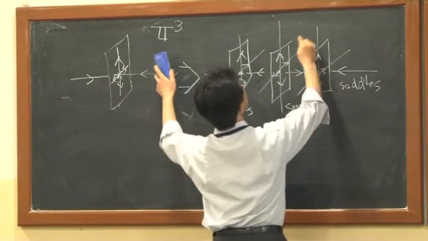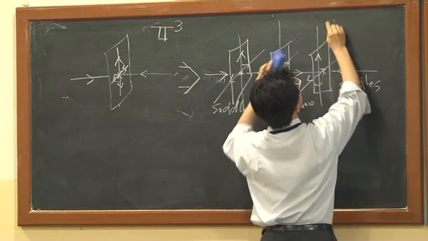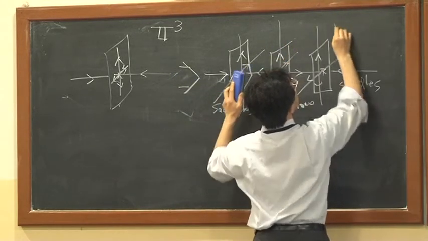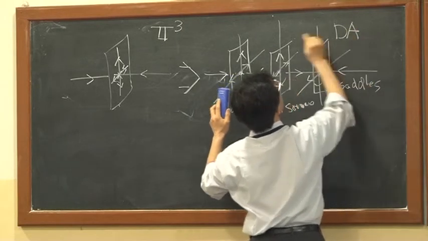This is a DA of the three-dimensional torus. Let me call this map G.